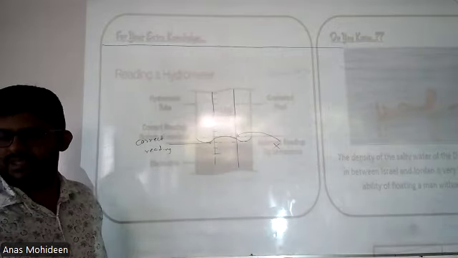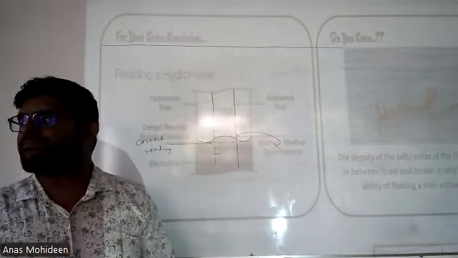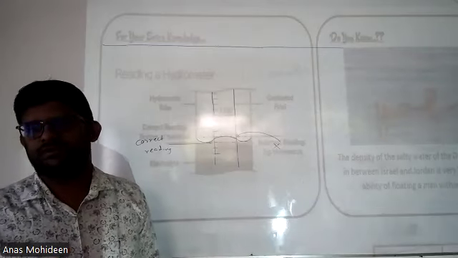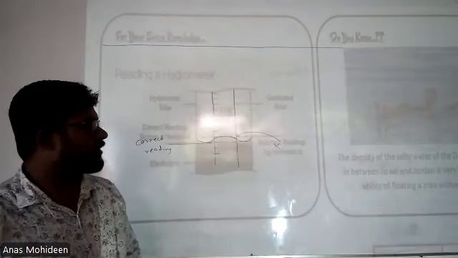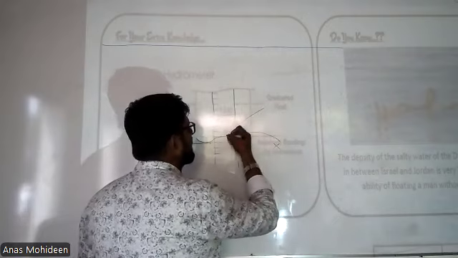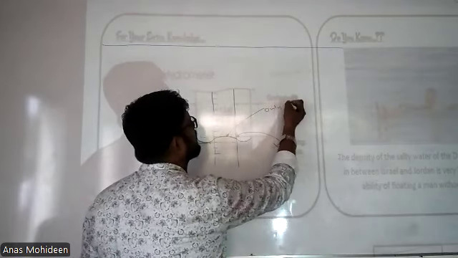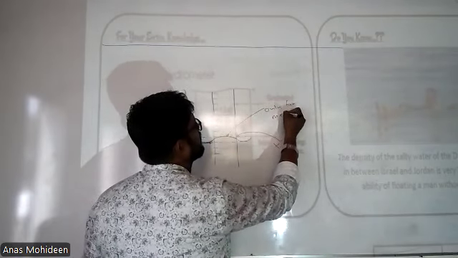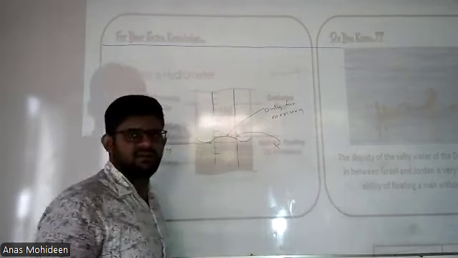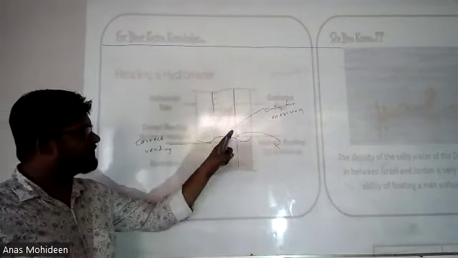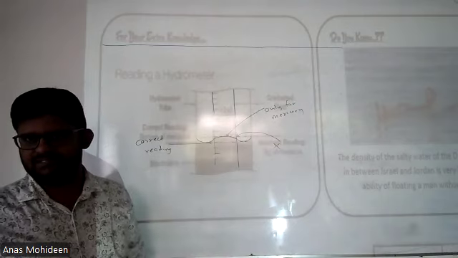But remember, this is for any liquid except one. Who is that one? Mercury. Only for mercury you have to take the upward meniscus.